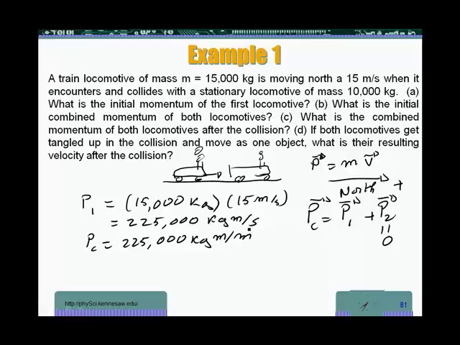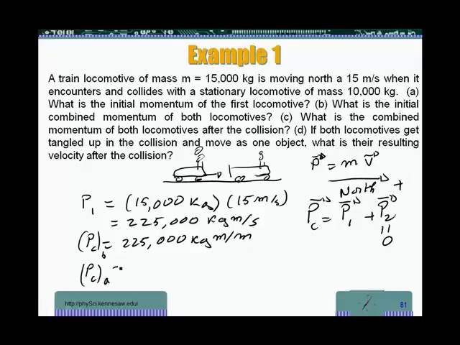Now, what is the combined momentum of both locomotives after the collision? So the combined momentum that we just calculated is before the collision. What's going to happen after the collision? That's the key word, conservation of momentum. Since momentum is conserved, I don't have to calculate anything now. We have it already.